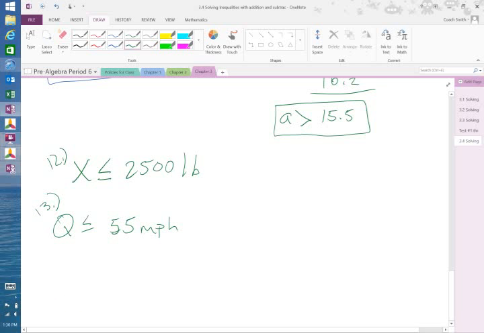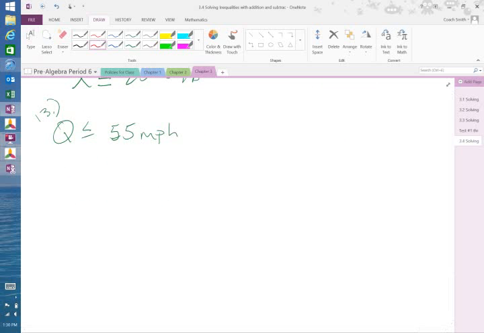Now let's look at number 17. I want you to give me the inequality that number 17 represents. Now, before I do that, remember, if an arrow goes this way, that's greater than.